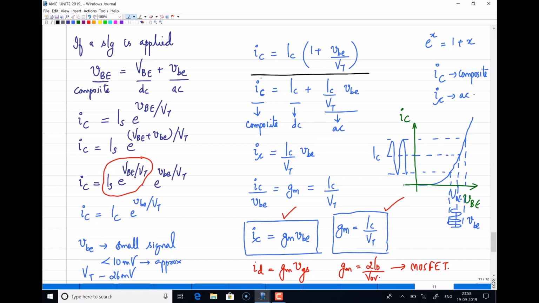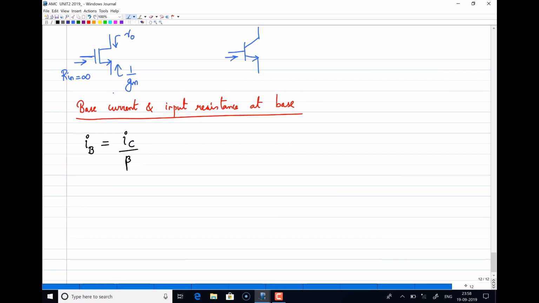So I'll use the same form, so this can be written as IC plus IC by VT into VBE, the whole divided by beta.